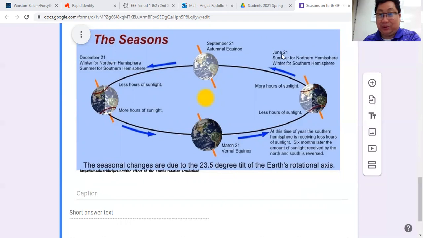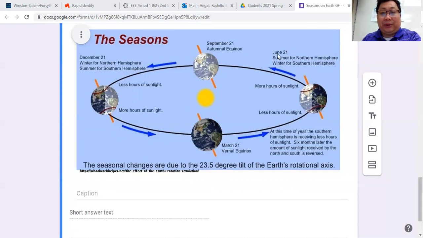And again, summer is June 21st. But remember, the seasons in the northern hemisphere are opposite to the seasons in the southern hemisphere. I need you to remember that.